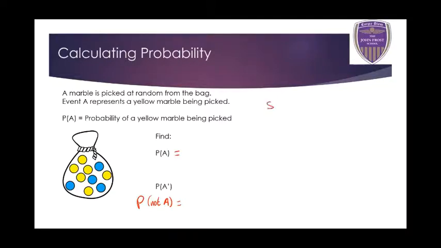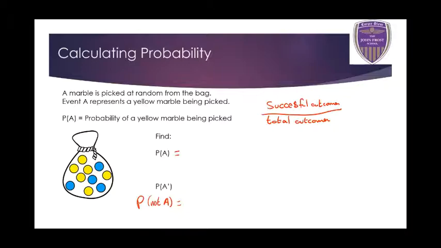Remind ourselves, the formula for probabilities is successful outcomes over total outcomes. So we've got P of A here. Now, we're trying to find the probability of picking a yellow marble out of the bag.